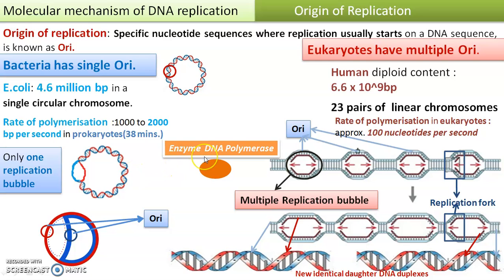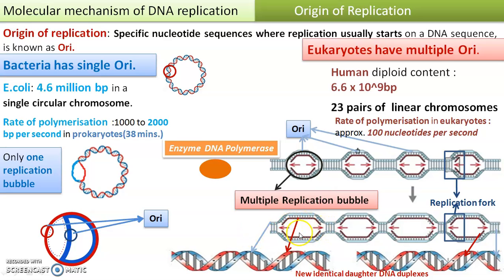So the enzyme polymerase will go on adding nucleotides in those opened areas. One by one, nucleotides will be added in both directions. Polymerases will start acting in both directions in a eukaryotic cell, such that each of the bubbles goes on becoming wider and wider.